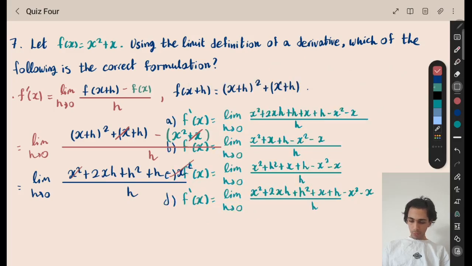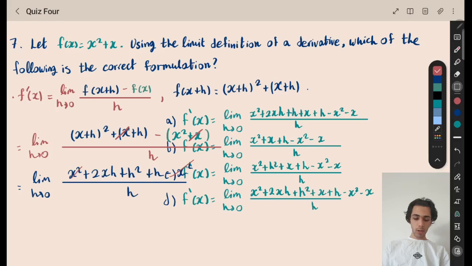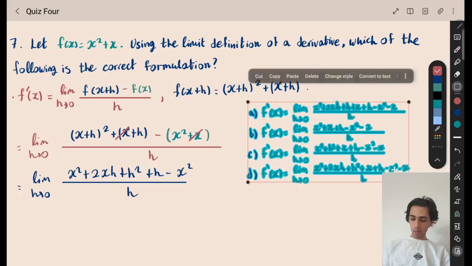So he wants it in terms of x squared. So maybe I will not simplify this. I'll leave it as it is. Then I'll expand once again.